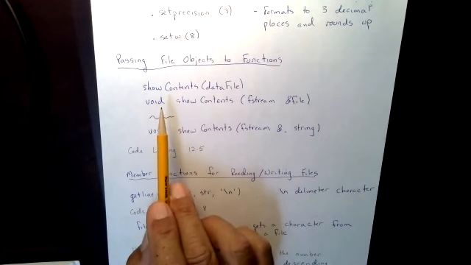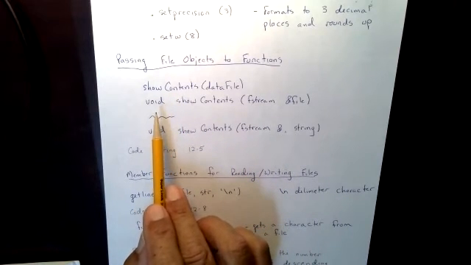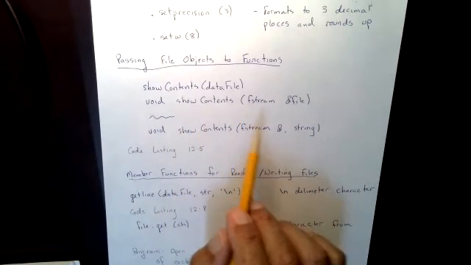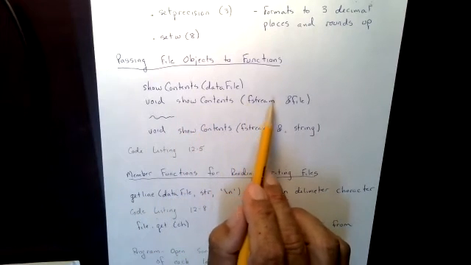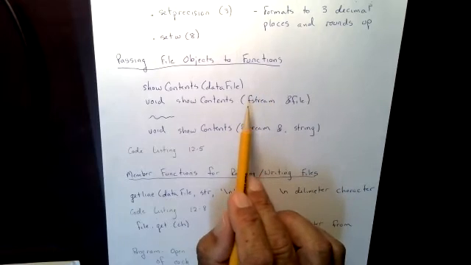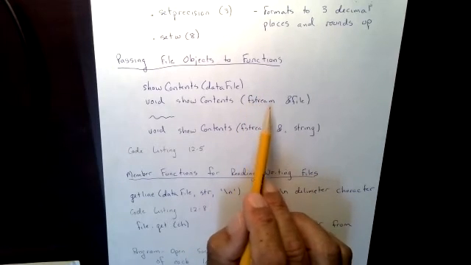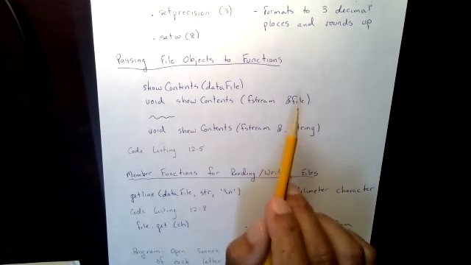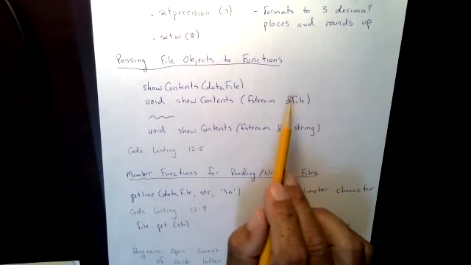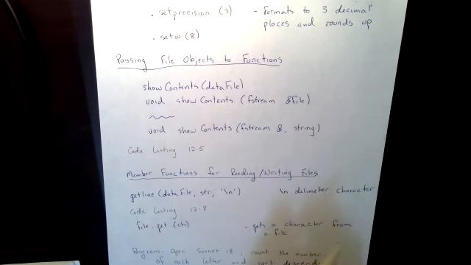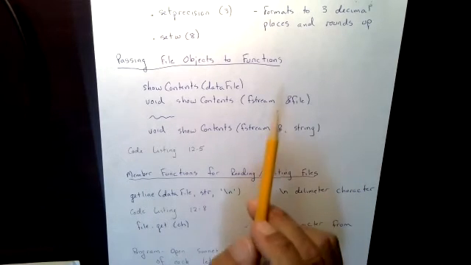In my function heading I might have void showContents. Remember, it's an object of what class? The fstream class. So it's coming in as an ampersand file, some file name that we pass in.